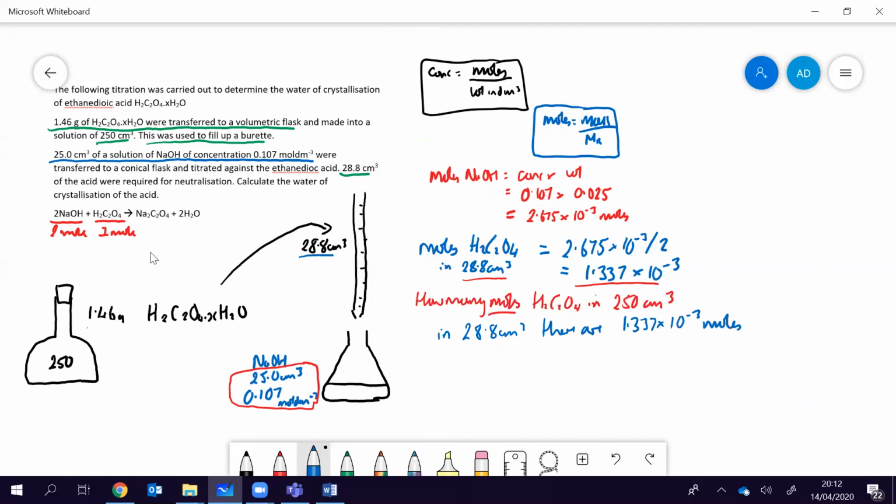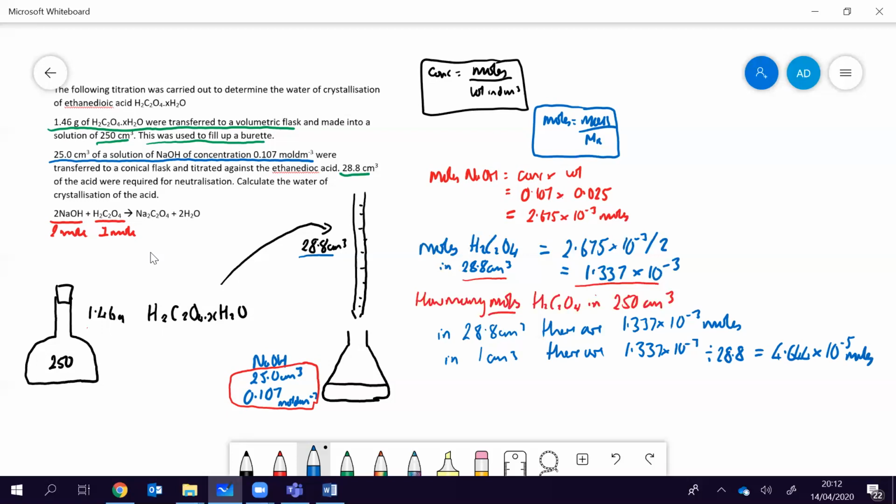So I'm going to say, therefore, in 1 centimeter cubed, there are 1.337 times 10 to the minus 3 divided by 28.8. You okay with that? Is that logical enough? Okay, so divide that by 28.8. So in 1 centimeter cubed, that's 4.64 times 10 to the minus 5 moles.